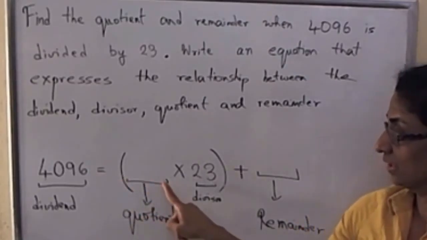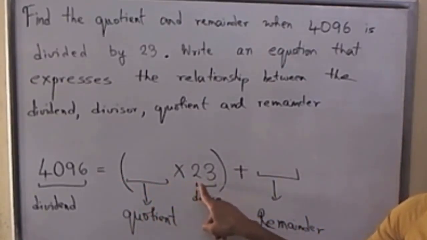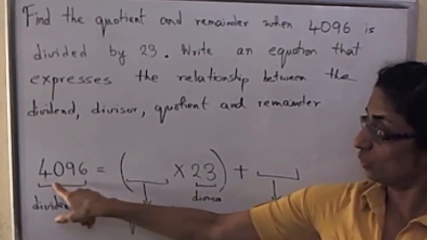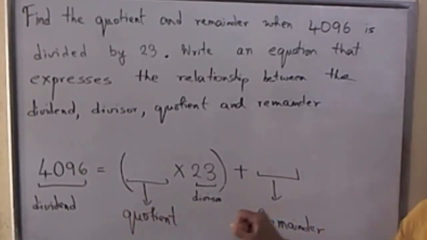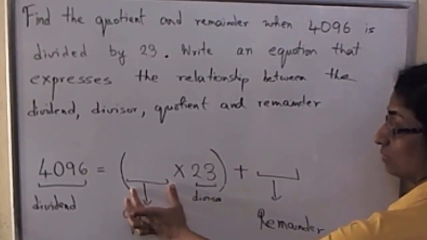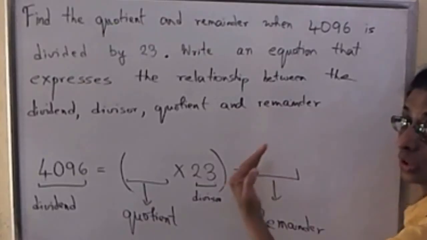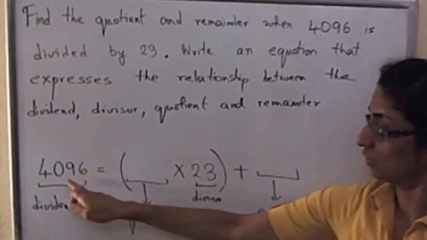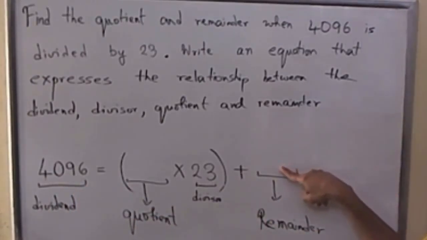4096 equals the maximum number of copies of 23, and if that number falls short of 4096, if it's still to the left of 4096, we count the whole numbers up to 4096, and that we write as the remainder.